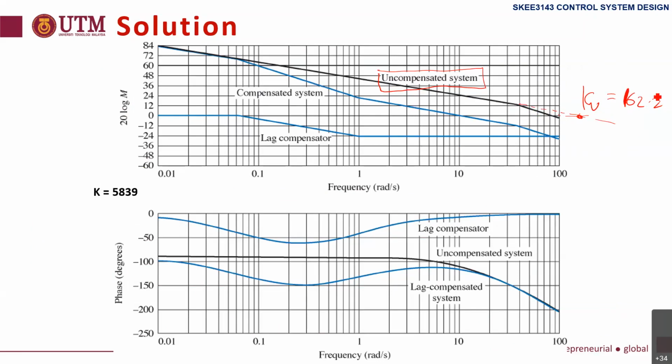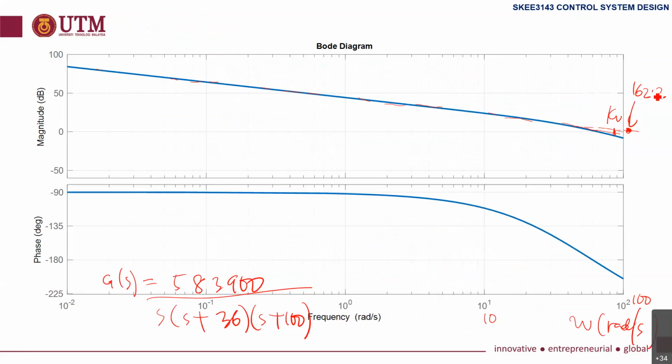Maybe you will get 160. We also have only 100, then 200, so it is in between 100 and 200. That is Kv, 162.2. Okay, we already get Kv 162.2. Remember that we want Kv 162.2.